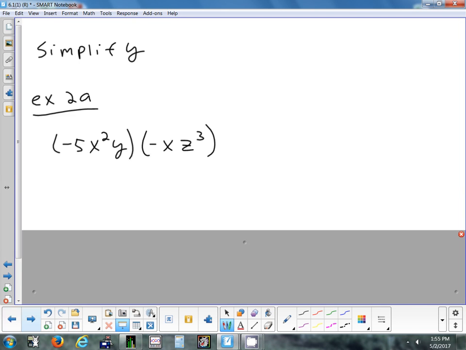Okay, is there a number in the first parenthesis here? Yep, what is it? It's -5. Is there a number in the second parenthesis? Well, it's kind of like invisible. It's an invisible 1. So when I write it, I like to think of it as having that invisible 1.